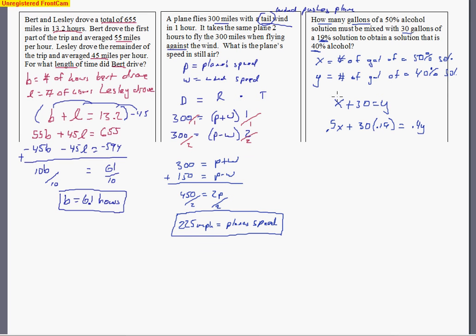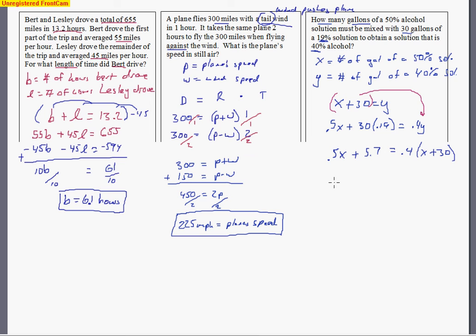So if I take this x plus 30 and put it in place of y, this is what I get. So let's rewrite the equation. 0.5x plus 30 times 0.19 gives me 5.7, and then 0.4 multiplied by x plus 30. So I'll go ahead and distribute.